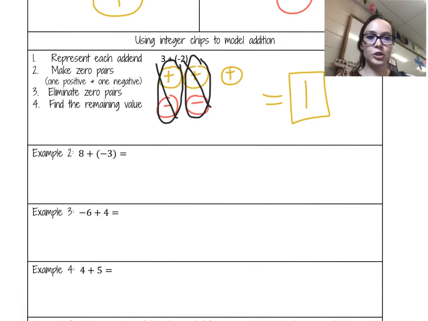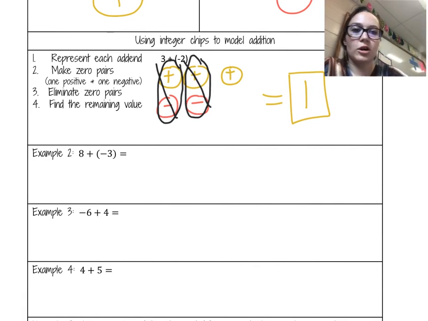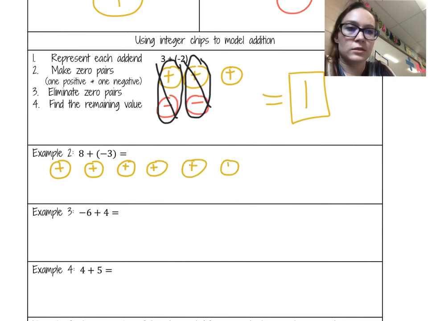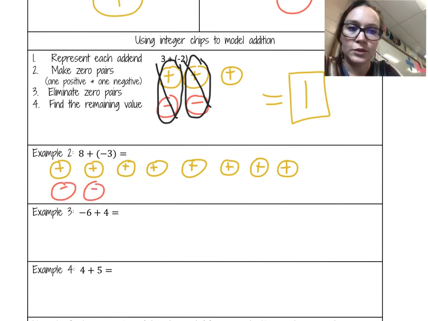Same thing with example 2. I'm going to draw my 8. So here's 1, 2, 3, 4, 5, 6, 7, 8. Then I'm going to add my -3. So I'm going to add 3 negative chips. 1, 2, 3. Then I'm going to circle my 0 pairs.